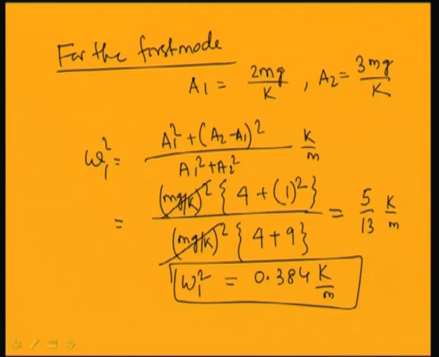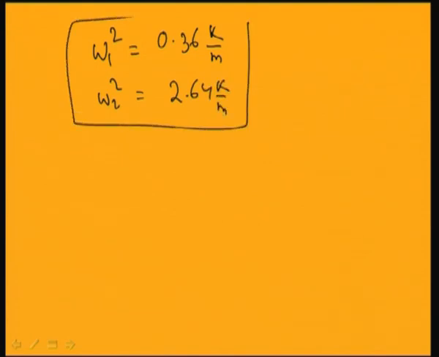You can see the exact values: omega 1 square equals 0.36 k by m and omega 2 square equals 2.64 k by m. In this case we obtained omega 1 square equal to 0.38 k by m and omega 2 square equal to 2.5 k by m.